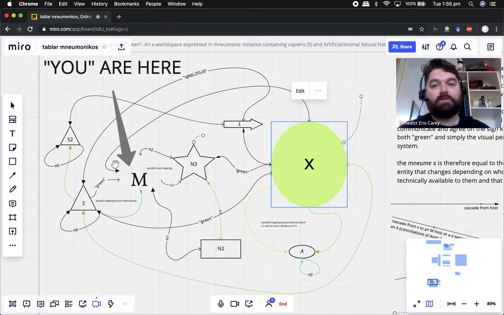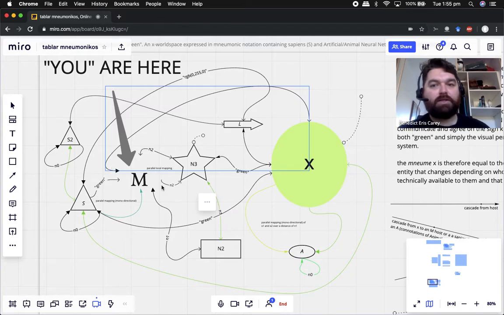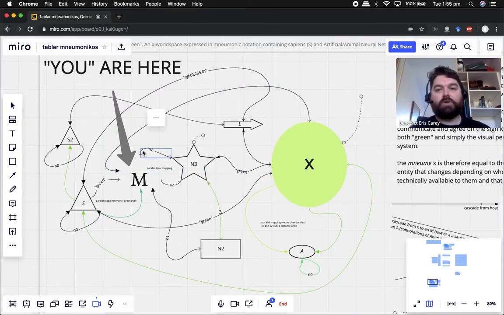It's more fundamental to the world viewer than their own view of what X is. So this is sort of like the realm of forms. M knows that's what X is. But then there are also other things that M knows. M knows some more details about what X is by looking through their own mnemonic series.